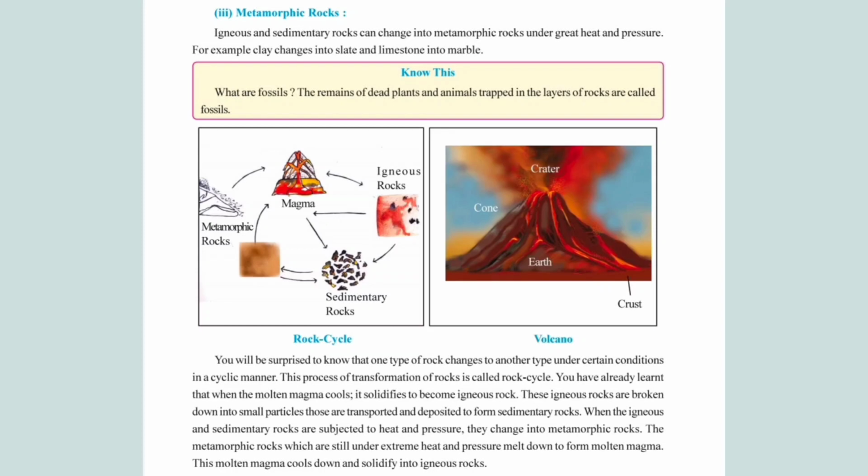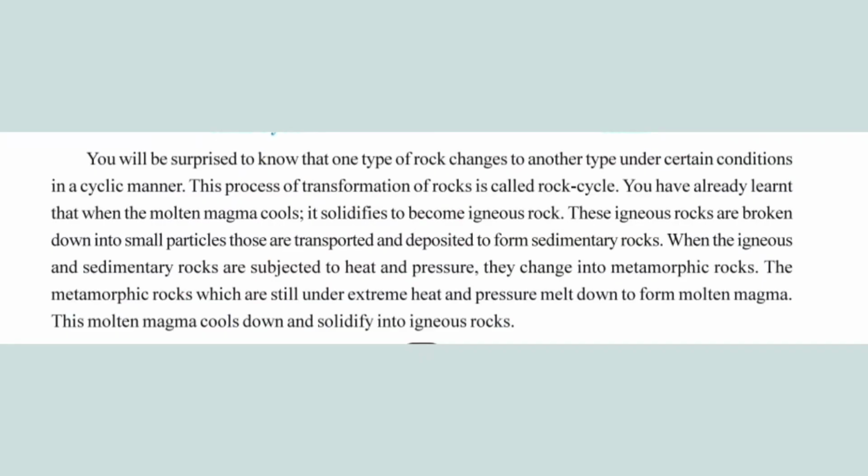Now all these three rocks we have discussed, but there is a kind of cycle that operates. Now we will discuss rock cycle transformation. Here you have a volcano that erupts, and you have solidification of magma. This solidification leads to formation of igneous rocks.